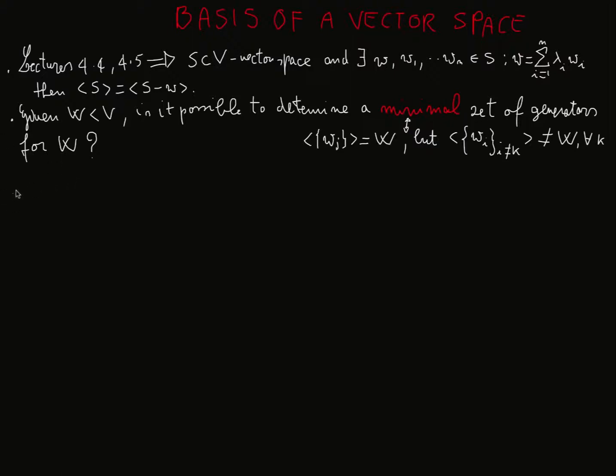So first of all, we'll have to make an assumption that will hold throughout the course. So assumption: any vector space in this course will admit a finite set of generators.